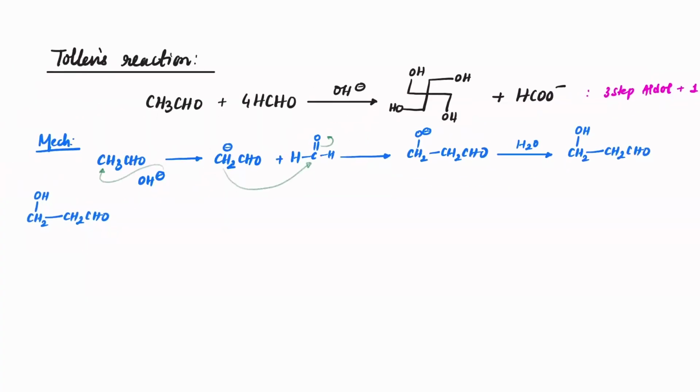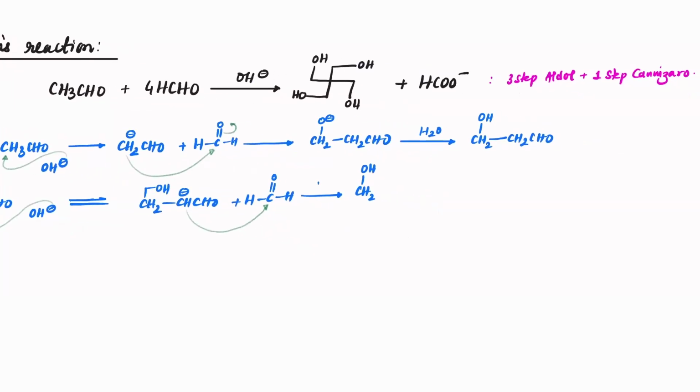And this compound, when you react with OH minus again, it will take away H plus, and you'll get CH2OH and CH minus CHO. React this with a second mole, making it a cross aldol again. So this C minus will attack here, getting this into CH2O minus. I'll directly write the OH step here with hydrolysis.